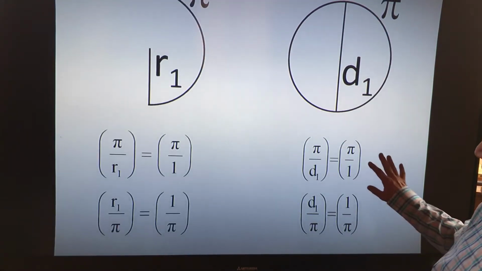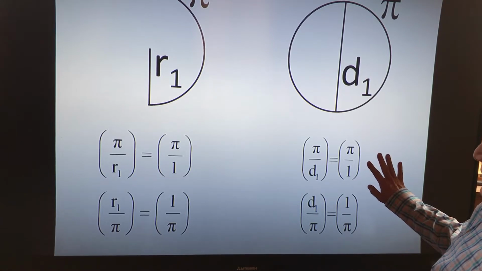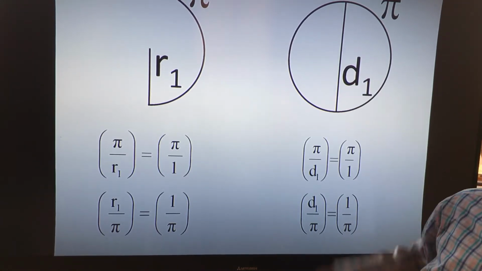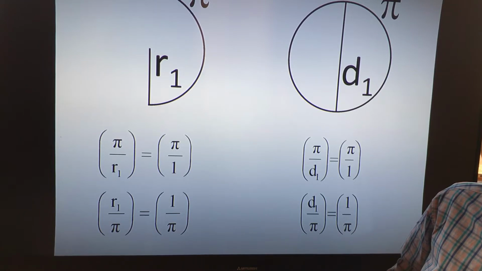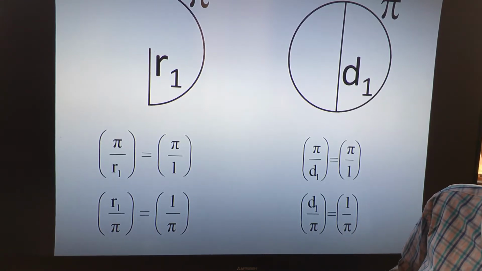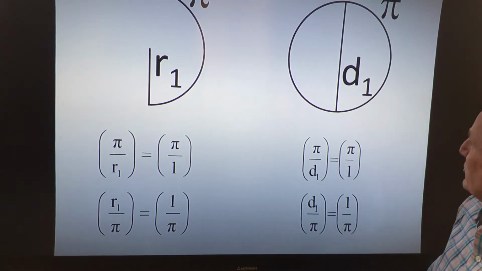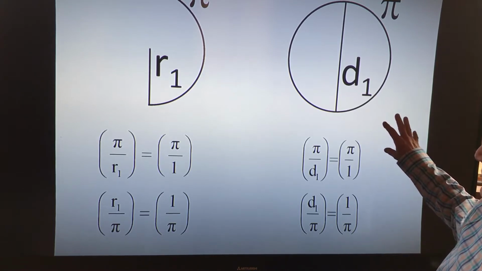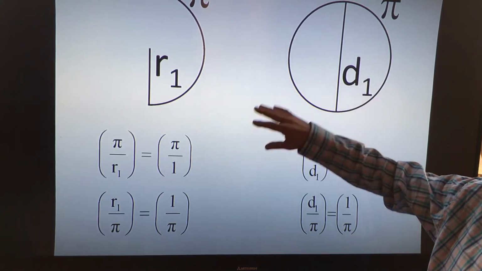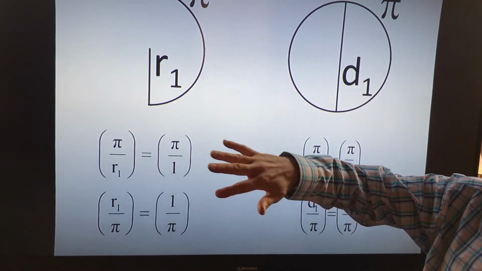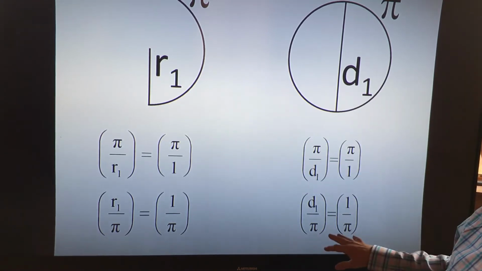So what I did then is to look at the unit definition based on diameter instead of radius. The only one that's commonly known is just pi d.